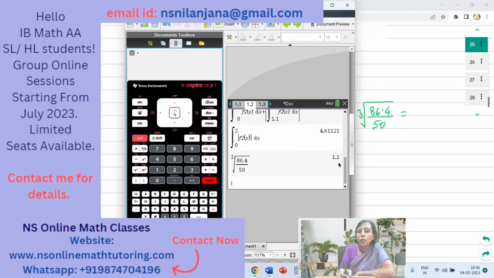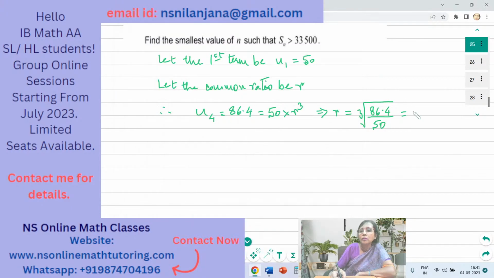It gives 1.2. So r is equal to 1.2. Okay.